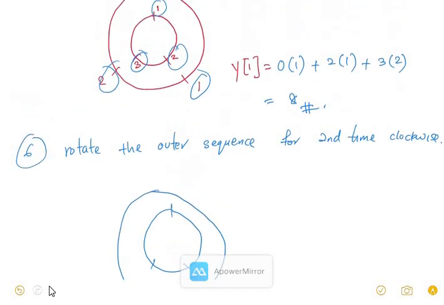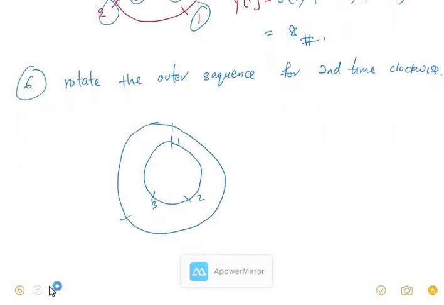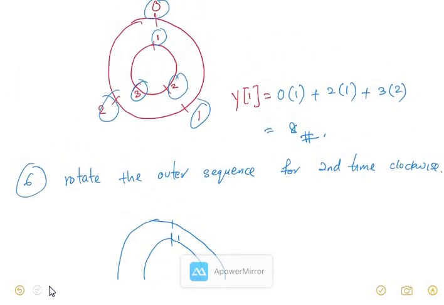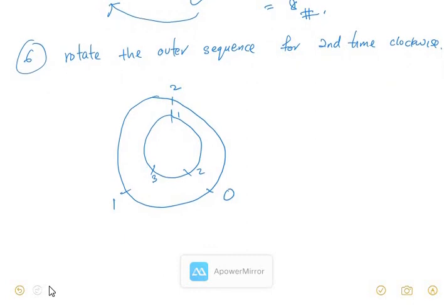The inner values are always the same; we only rotate the outer sequence clockwise. So the 1 should be moved to here, 2 moves to here. So your y2 value equals 2 times 1, plus 2 times 0, plus 3 times 1. This gives 5.